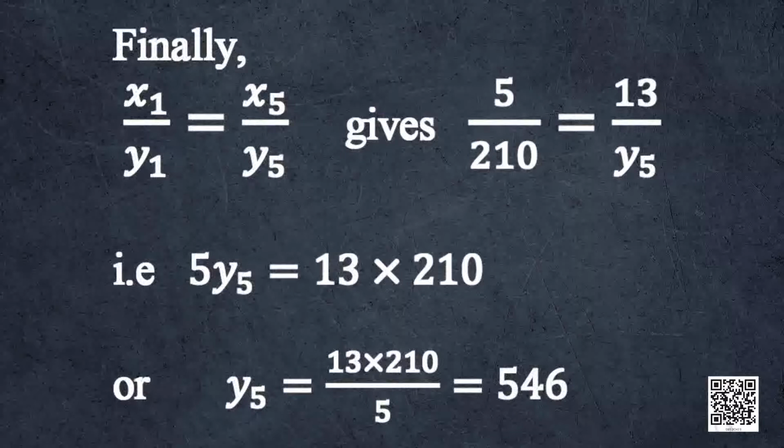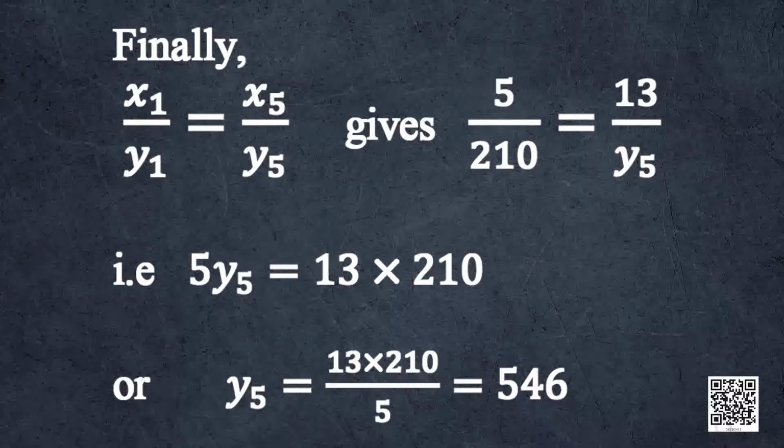Finally, x1 by y1 is equal to x5 by y5 gives 5 divided by 210 is equal to 13 divided by y5.